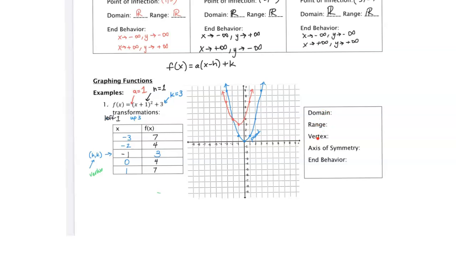Okay, for the domain, range, vertex, axis of symmetry, and end behavior, here are the answers. Again, those parts are review, so please go ahead and check your work.